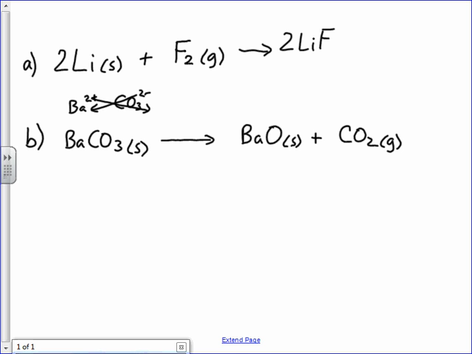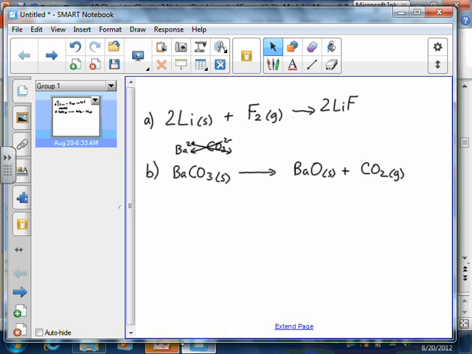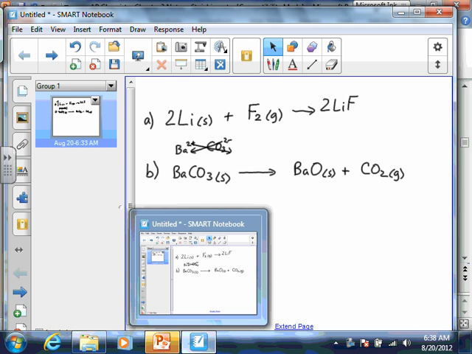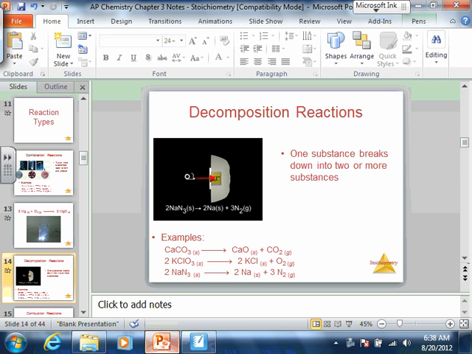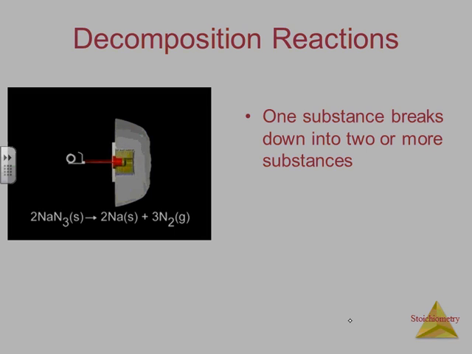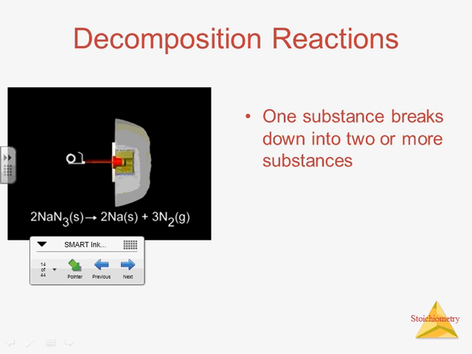All right, so that's the idea of decomposition. Now again, that's difficult, so we're going to have to talk more about that, and we will tomorrow. I have a reading for you that I think will help you on that. Okay, so now let's go back to this. Let's talk a little bit about the last type of reaction. This is just showing an example.